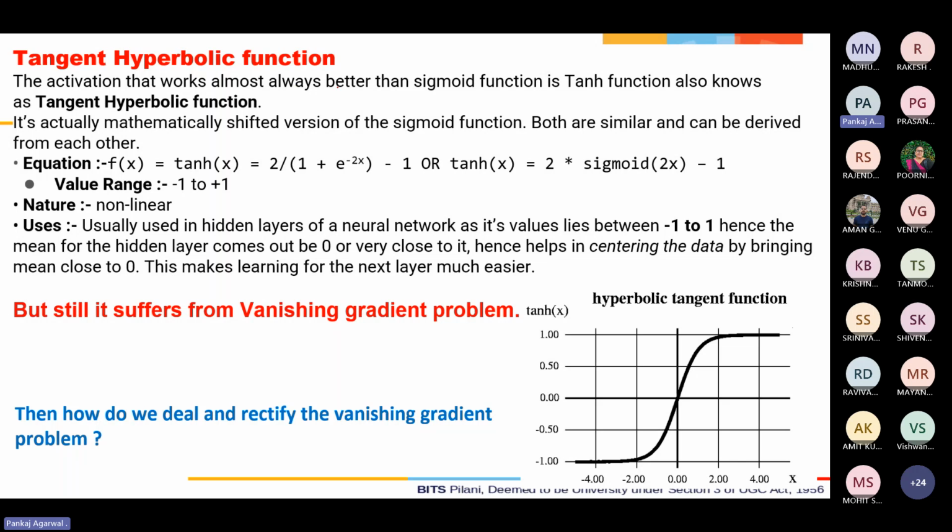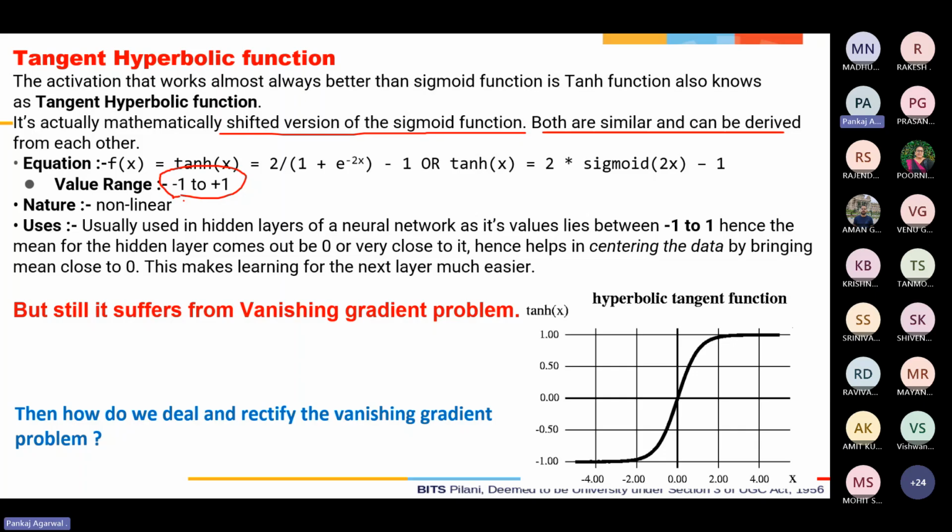Here, as you can see, tanh is mathematically a shifted version of the sigmoid function. Both are similar and can be derived from each other. The range does matter. In the previous activation function, the range was between 0 and 1. But at times I need a bigger range.